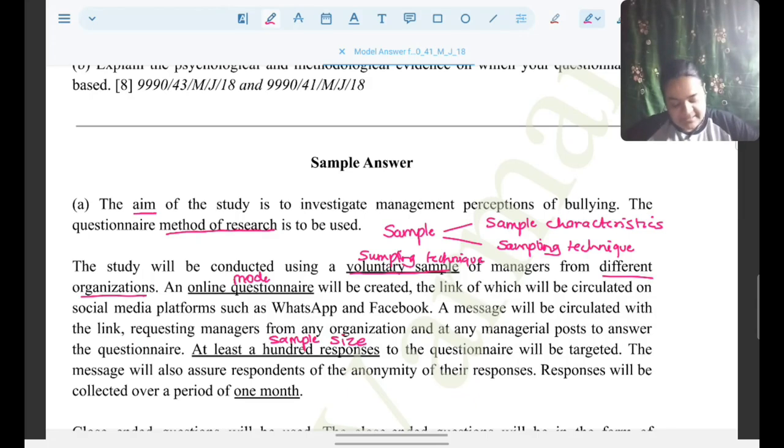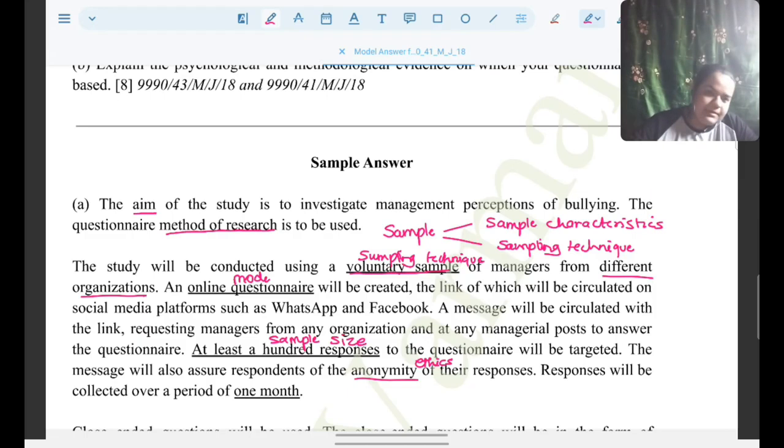Okay, next they're telling us the message will also assure respondents of the anonymity of their responses. Here I have introduced an element of ethics in my study. When I see my students' answers, before I have trained them on how to write answers, many of them have this tendency to include ethics as a separate section in the study.